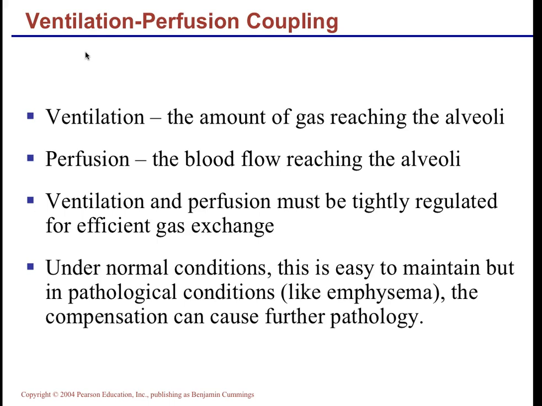But people who have emphysema, for example, as it progresses, they have problems with right-sided heart failure. And the reason for that is ventilation perfusion coupling in a pathological way, because sometimes the body is reacting as if it was healthy and it's easy to get back to homeostasis.